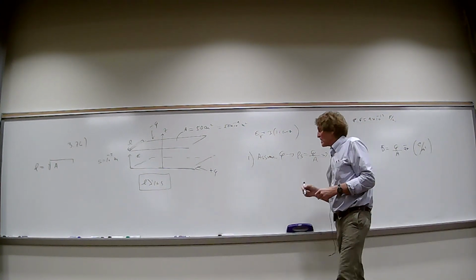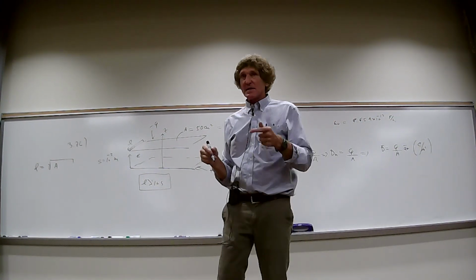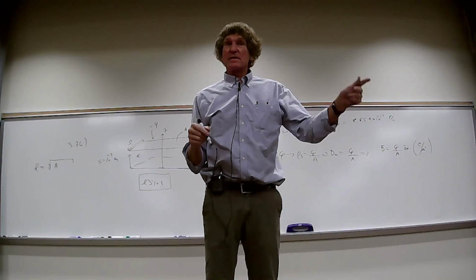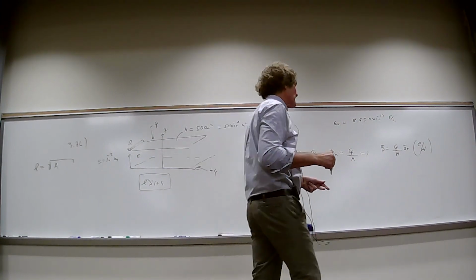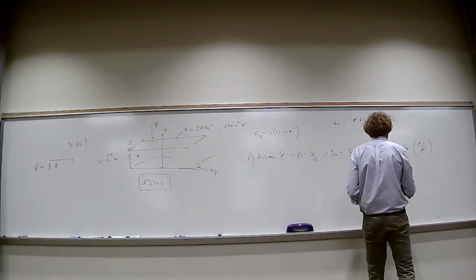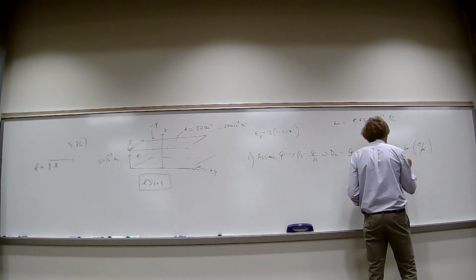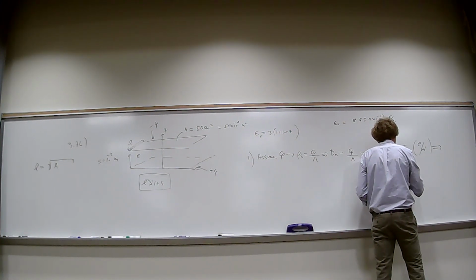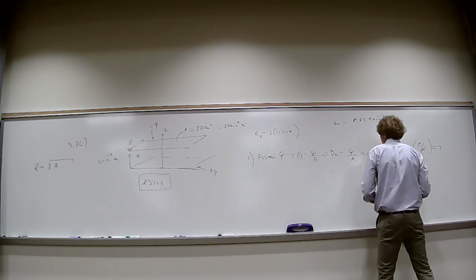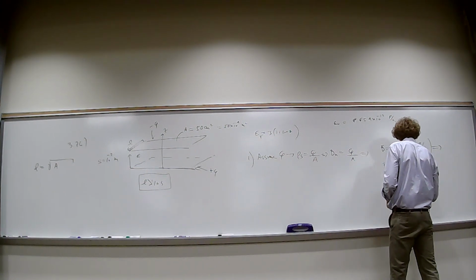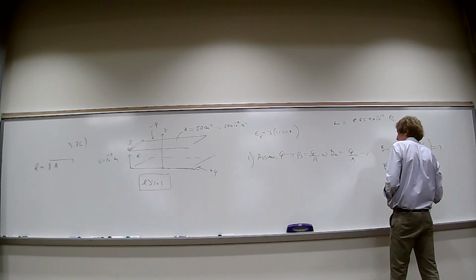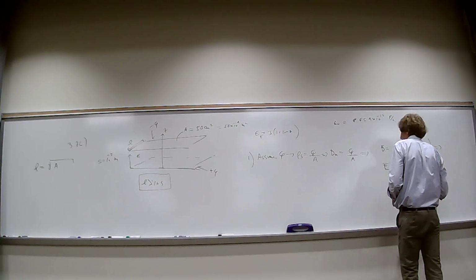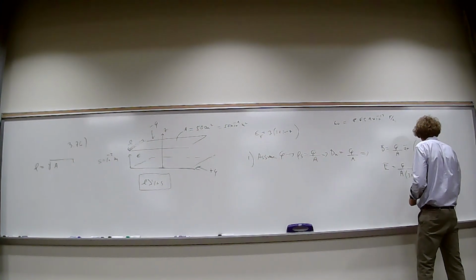Now, I assumed charge, I got the D field, and my next step is to get the E field. Y'all with me? I get the E field by simply dividing by epsilon. So that's equal to Q over A, and there's my epsilon, which is 3 plus 100 Z, in the AZ direction.